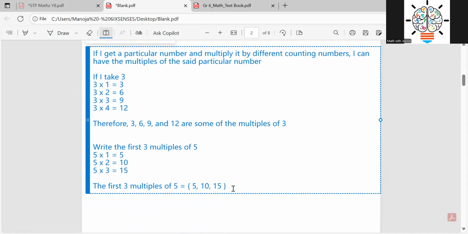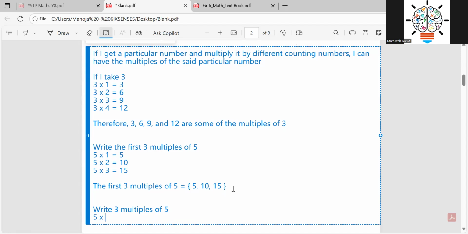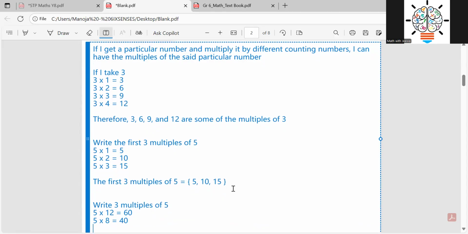Let's say that they have asked you to write 3 multiples of 5. They have not mentioned anything else, right? You can select anything. You can write 5 times 12 equals 60. You can write 5 times 8, which equals 40.